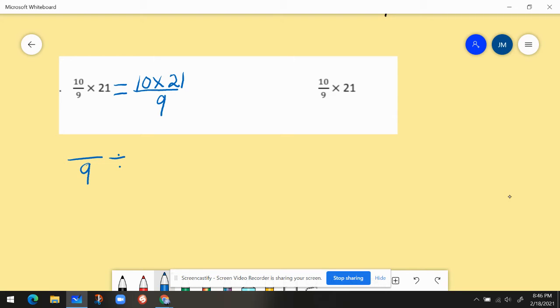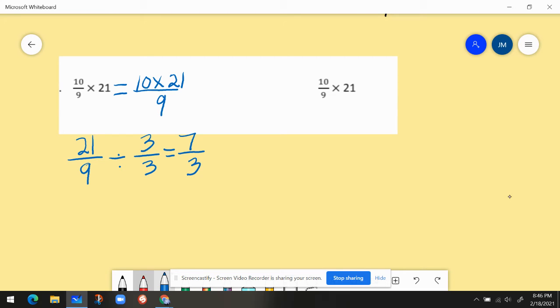Can 21 be divided by 3? Yes, of course. Can 10 be divided by 3? Not evenly. So this is going to help us reduce the size of the numbers that we get when we multiply. So 21 divided by 3 equals 7, and 9 divided by 3 equals 3.